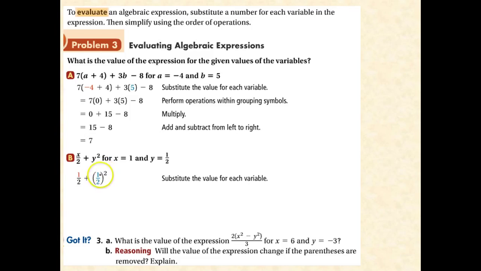I need to square 1/2, and that means 1/2 times 1/2. 1 times 1 is 1, 2 times 2 is 4, so that's where they get the 1/4. Now we need to add the fractions. 1/2 plus 1/4. Well, 1/2 is 2/4, and that's where we get the 3/4.